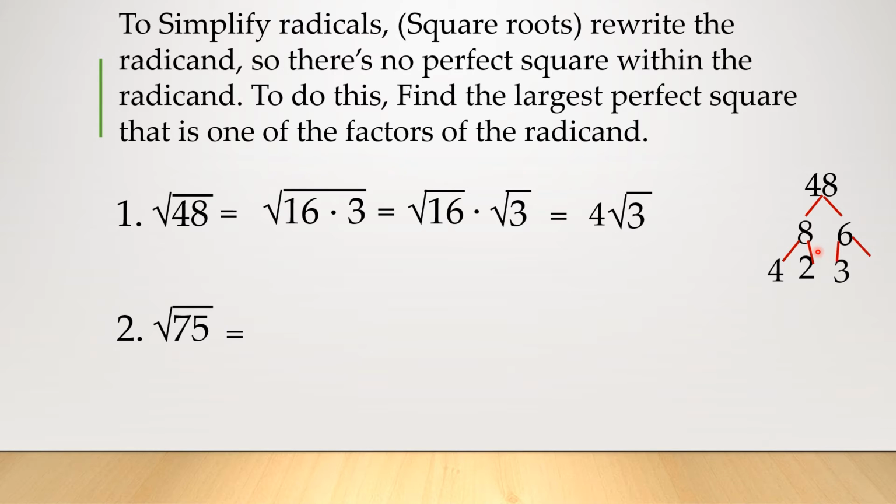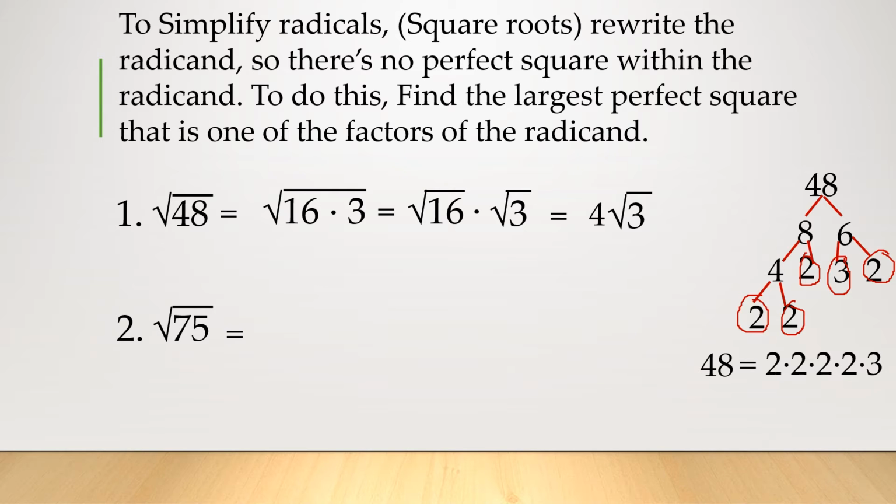And 6 is 3 times 2. For 4, I have 2 times 2. Okay, now look at the numbers here. So I have 2, which is already a prime number, and 3, which is also a prime number. So I can rewrite 48 now as 2 times 2 times 2 times 2 times 3.